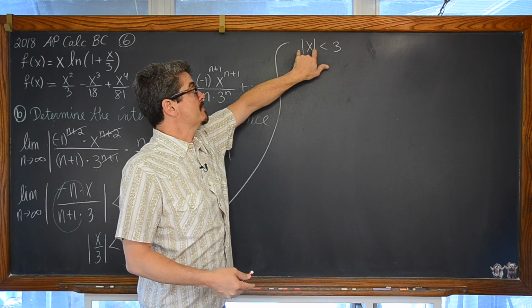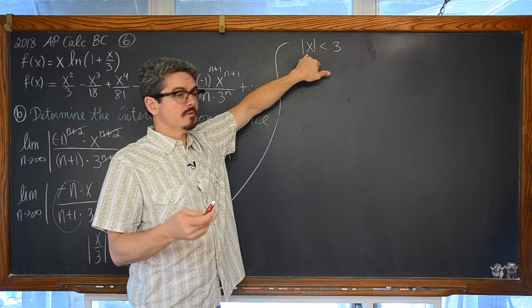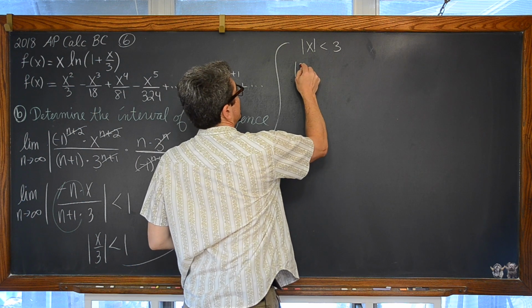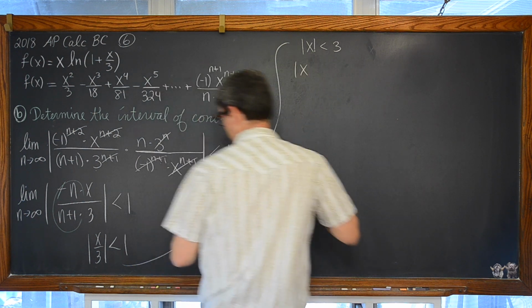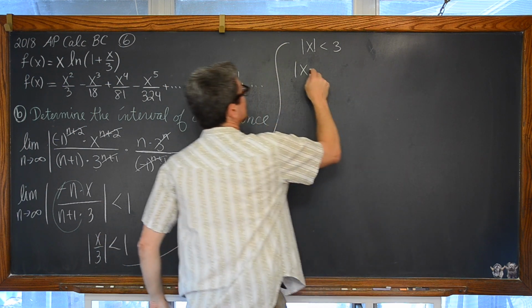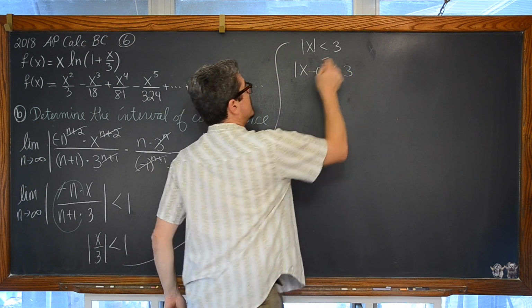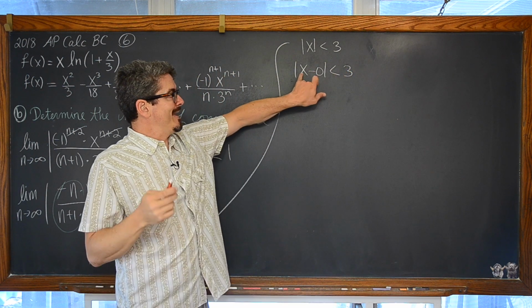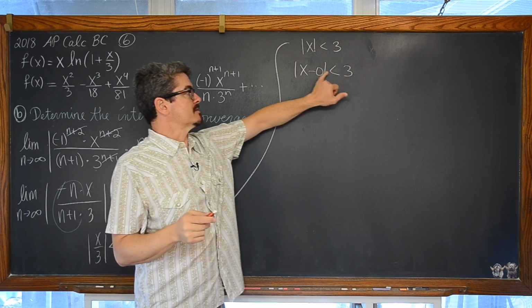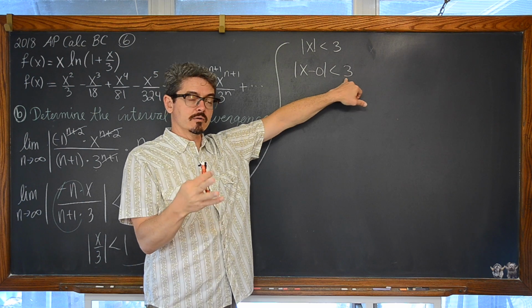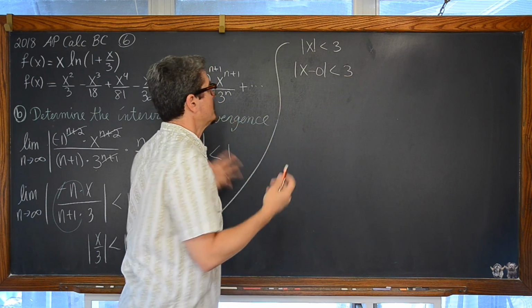And then the absolute value of x minus 0 is less than 3. When you have it in this form, the absolute value of x minus c is less than r, your radius of convergence.